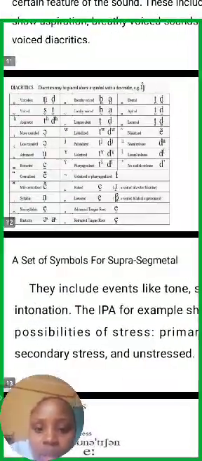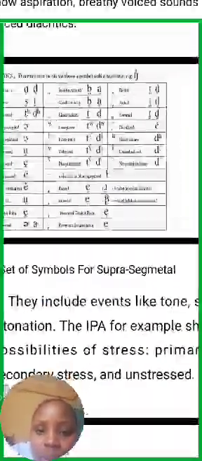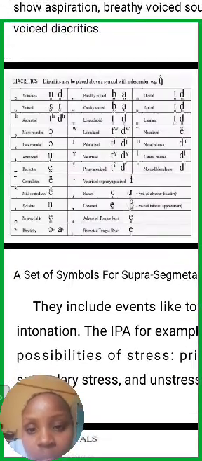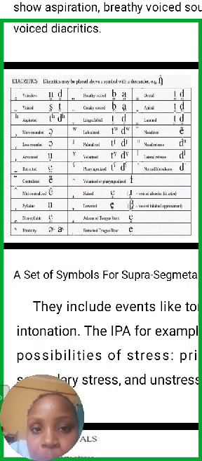I hope this is visible. Yes, it's visible. We have this chart. We have the voiceless and the voiced sounds. Then we have the aspirated, the more rounded, less rounded, the advanced, the retracted, the centralized, the mid-centralized, the syllabic, non-syllabic.